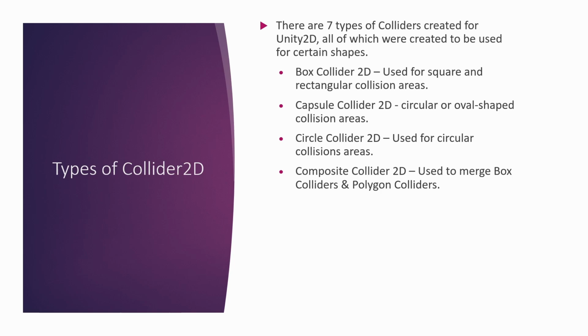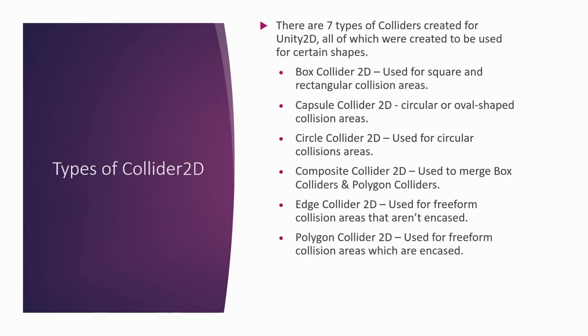Composite Collider2D, it's used to merge both box and polygon colliders. The Edge Collider is used for freeform collision areas that aren't encased, so a flat platform, if you will. Polygon Collider2D, it's also used for freeform collision areas, but they are encased, so it's taken as a solid object, if you will.